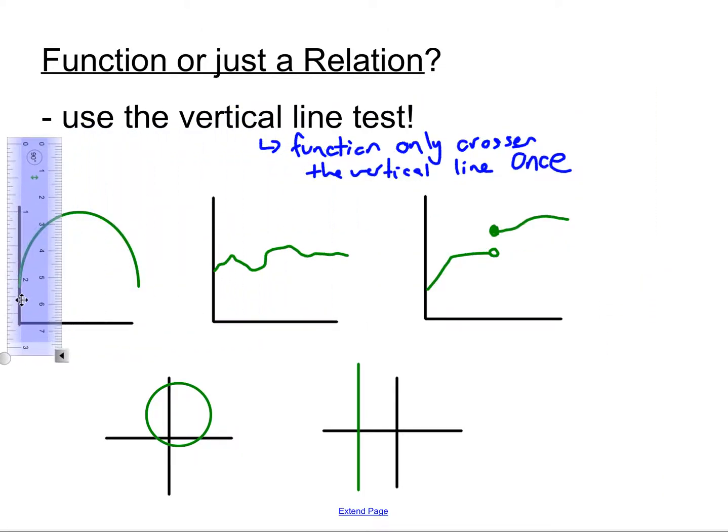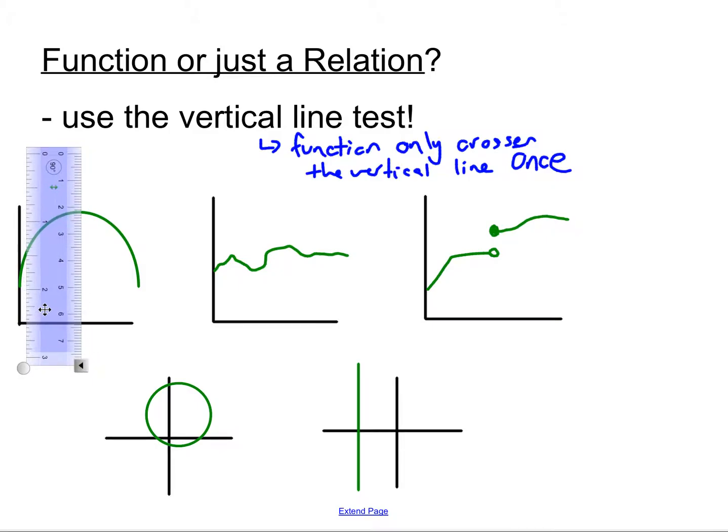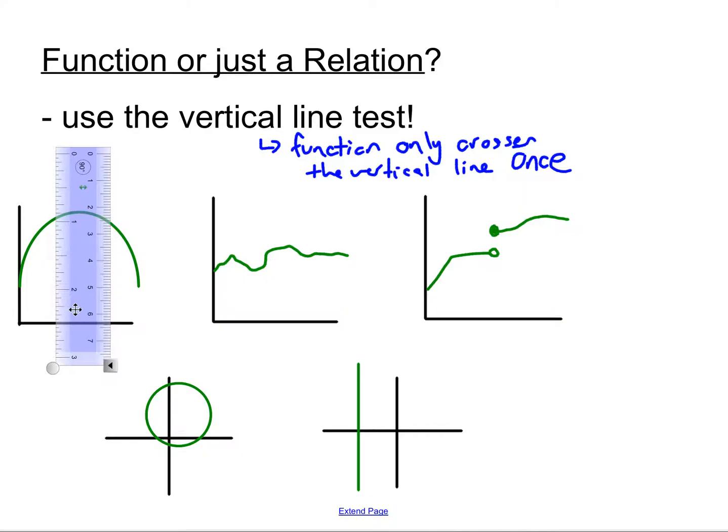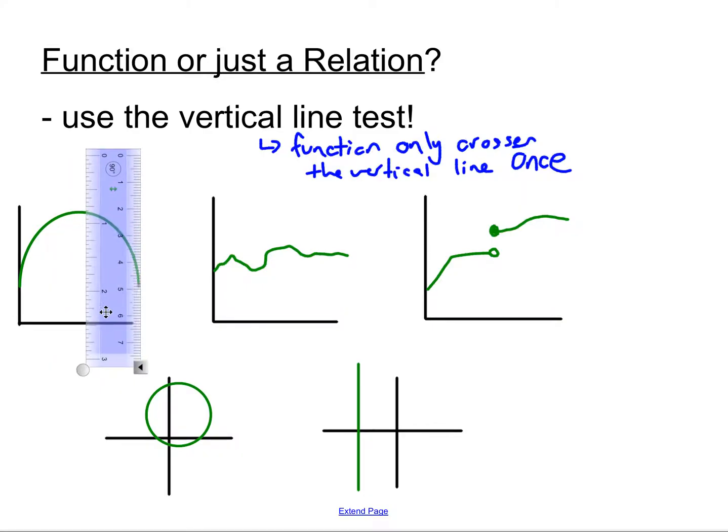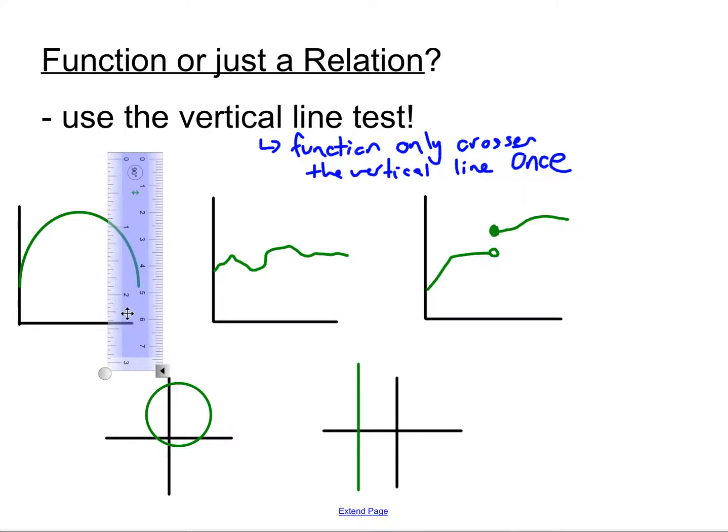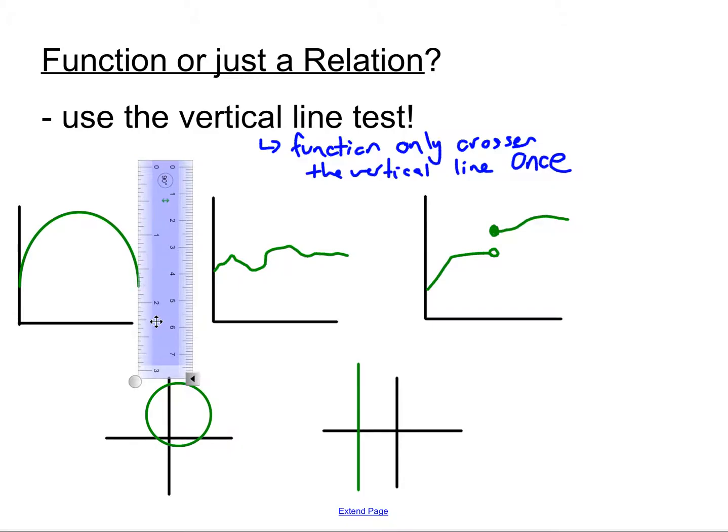This first one here, I'm going to scan along this function. That means I'm going through all the x values. And for every x value that I pass by, I'm seeing that there's only one y value. It only crosses the line once, which means that this is indeed a function. So, good stuff. We got a function here.